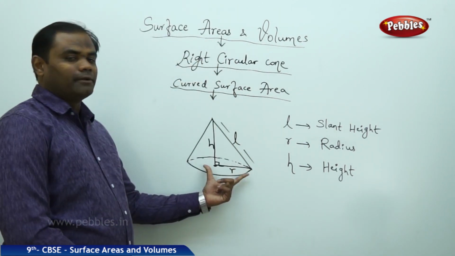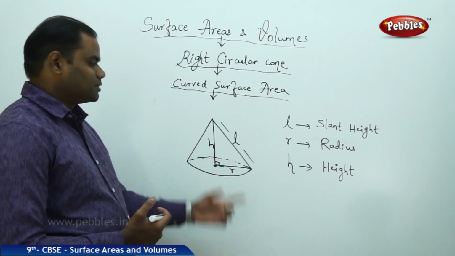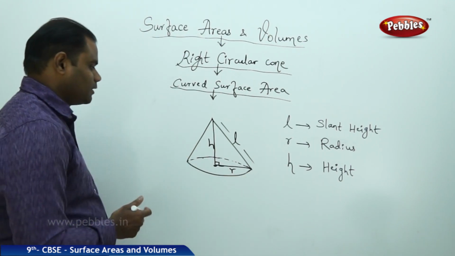Slant height, radius, and height are the three important things which define the curved surface area.